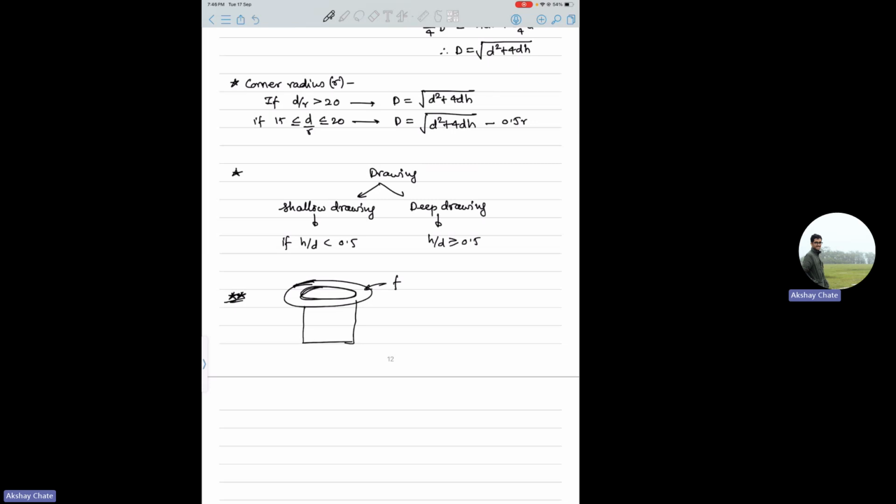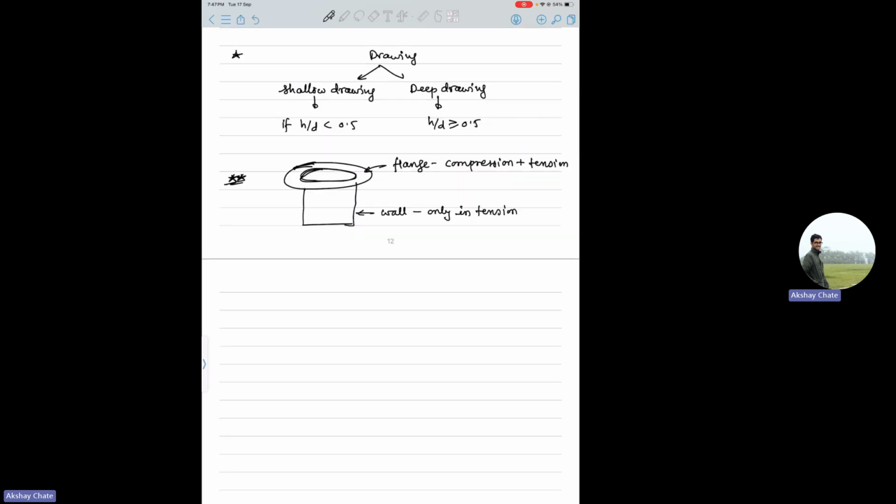This flange will be under compression plus tension, because compression comes from the blank holders and tension comes from the punch stretching, whereas this cup wall will be only in tension. So these kinds of questions are also asked, so I'm just giving you some hints.